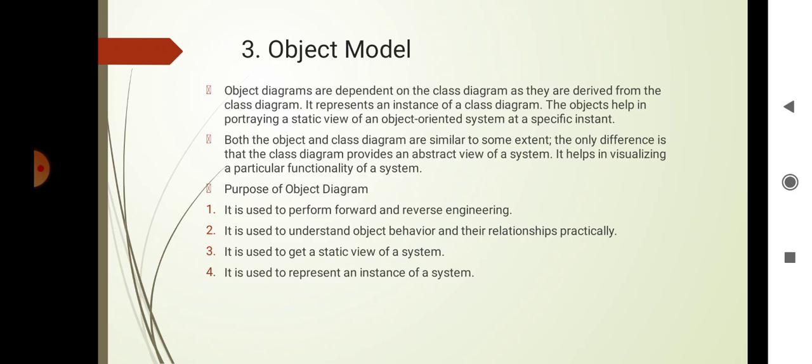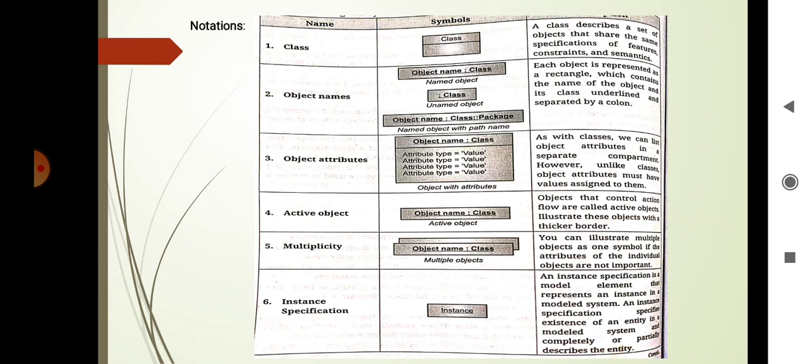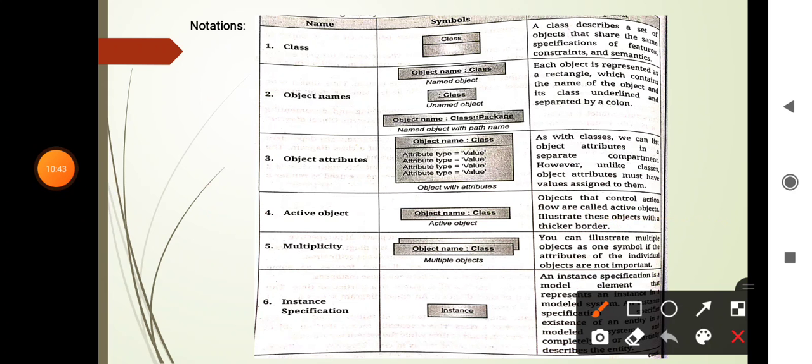Then it has some basic object diagram symbols and notations. This is the symbol for a class, which we have already seen. Then here is the object name, the symbol for object name colon class name.